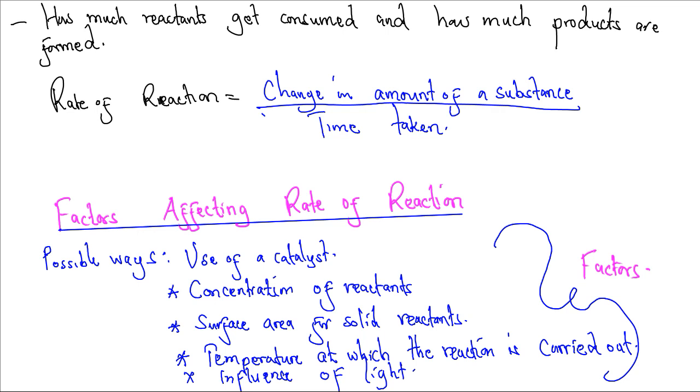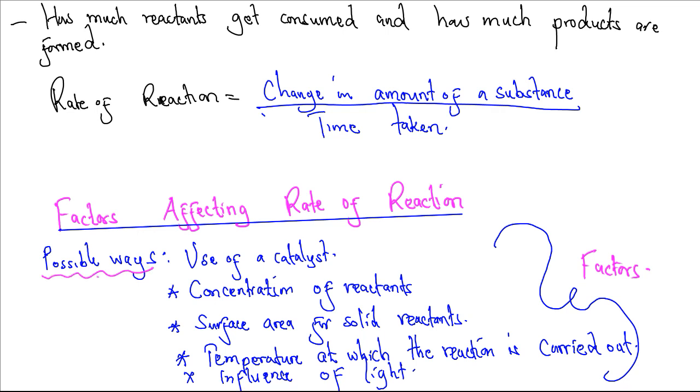So some of the ways that lead to these factors, that we call possible ways, we shall consider rate of production of a gas, change of mass of reactants, change of intensity of color. Those are some of the ways that are linked to the factors.